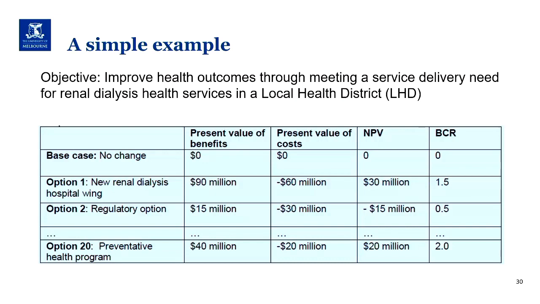And then you have option 1, option 2, option 3, until option 20. So this is the long list of options. And then you need to estimate these numbers. You need to estimate the benefits. You need to put a number in monetary terms on these benefits, and then a value on the cost, and say, okay, this is the present value of the benefits, this is the present value of cost, and then based on those two numbers, you have to estimate the net present value.